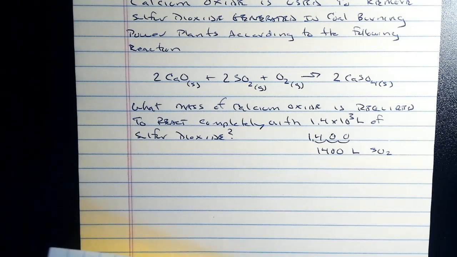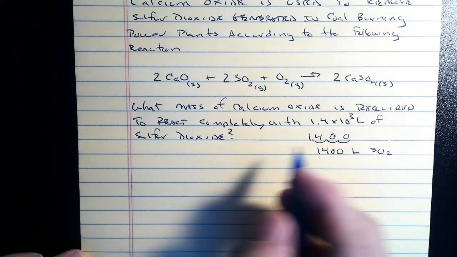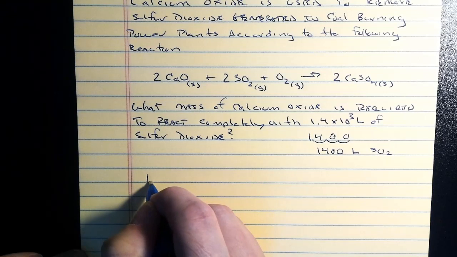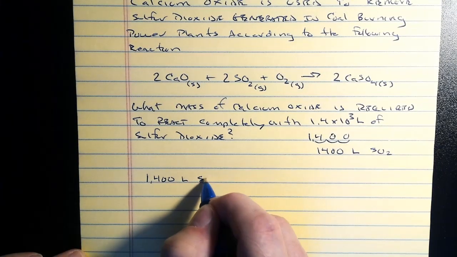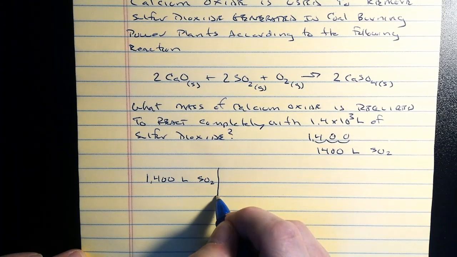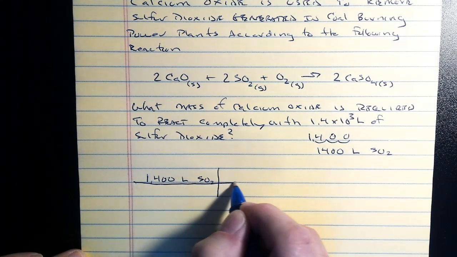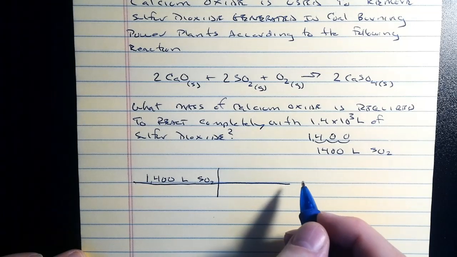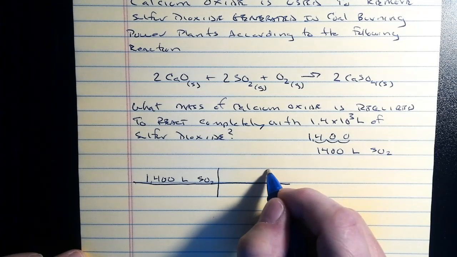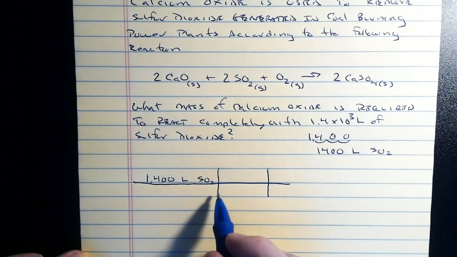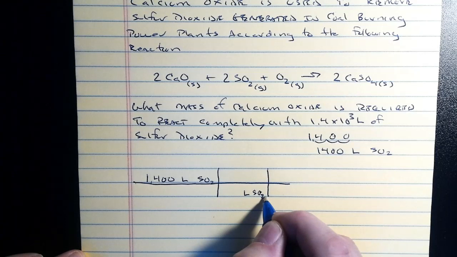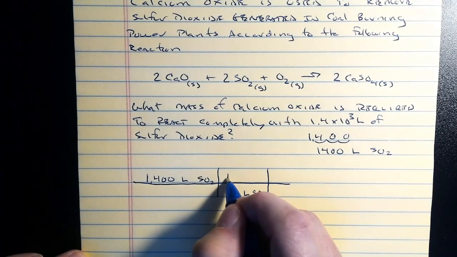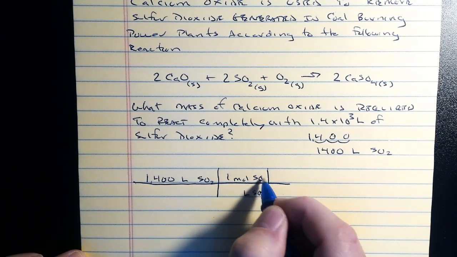So let's start with what we're given here. We're given 1,400 liters of SO2. Let's start our process. We know it's several steps. So on this first step, you have to have liters of SO2, and that's going to be equivalent to 1 mole of SO2.